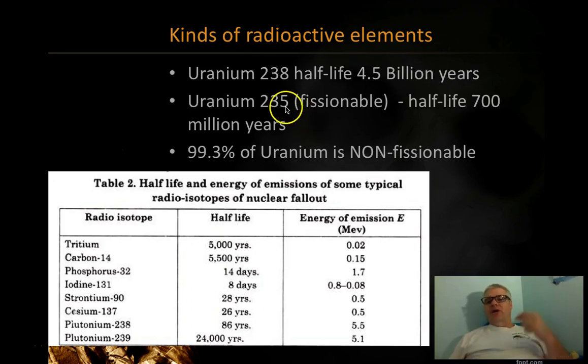The problem is refining the uranium and taking out the 0.7% that's actually fissionable. You may sometimes hear the term centrifuges. That's a way of separating out the fissionable uranium from the massive uranium, which doesn't really work as a weapon or as a power generating source. And so that's one of the big challenges if you're trying to get uranium that you can use: sorting out the fissionable from the unfissionable.